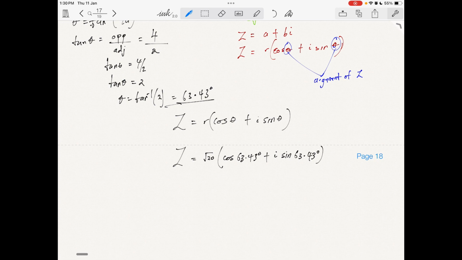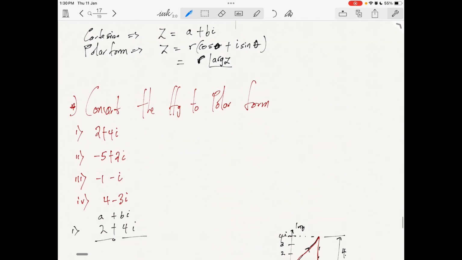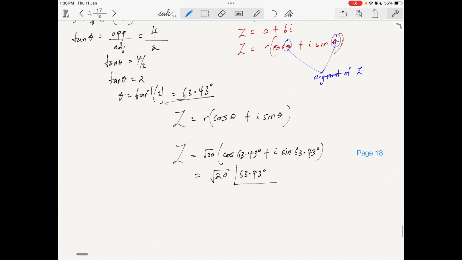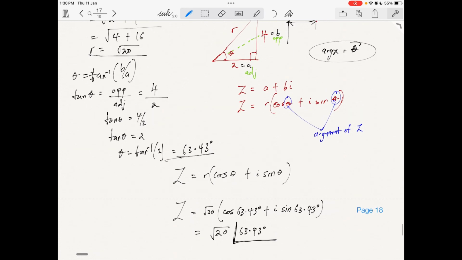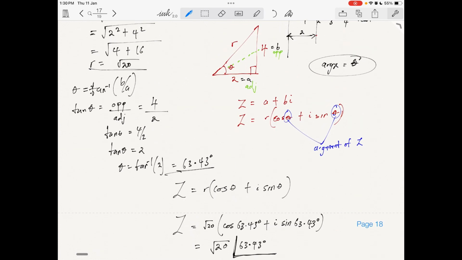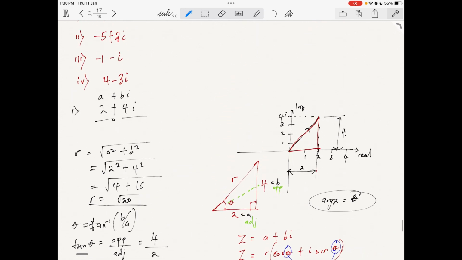And this can also be written as root 20 with angle 63.43 degrees. Remember, we established it here. It can be written in these two formats: r into cos theta plus i sin theta, and r with an angle of 63.43 degrees. Now, moving on, definitely this is our final answer. Okay, now let's pick the second question.